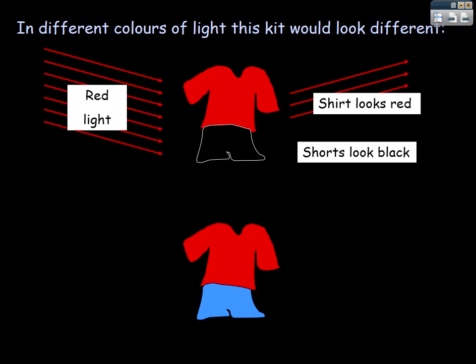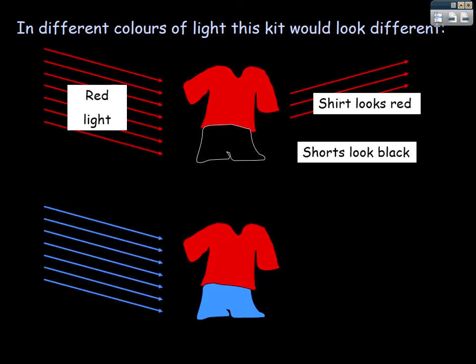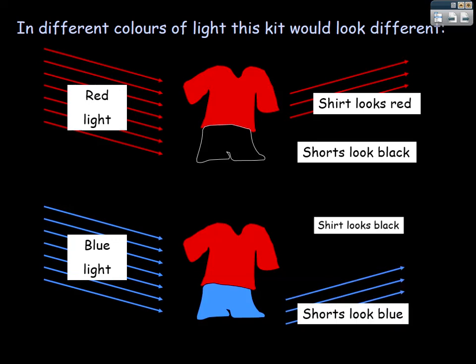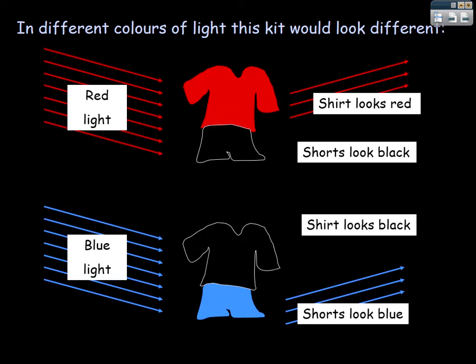Are his shorts actually black? Not under white light, but under this red light, yes, they appear to people as black. So it's how we perceive the reflected light. If we shine blue light down on the uniform, the shorts will appear blue, but the shirt will now appear black. So it all depends on the color that is being reflected back.